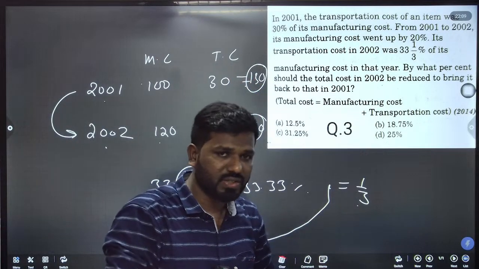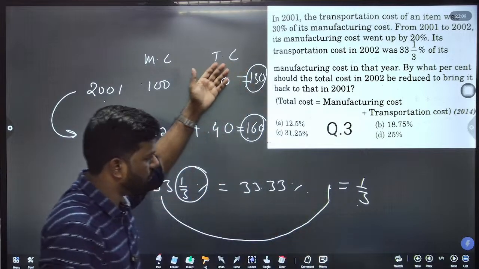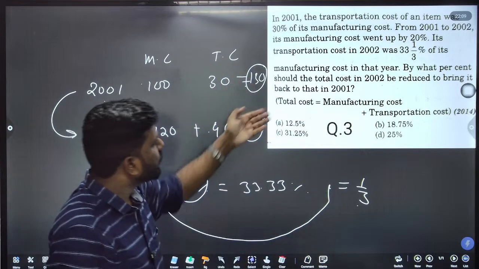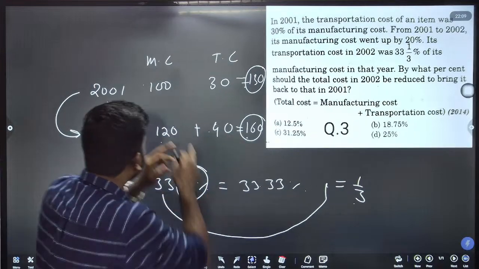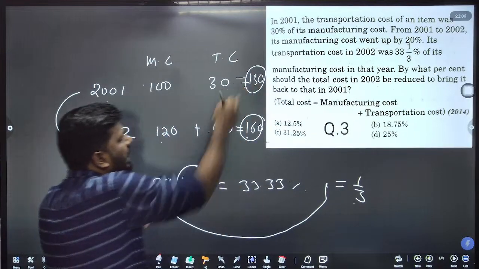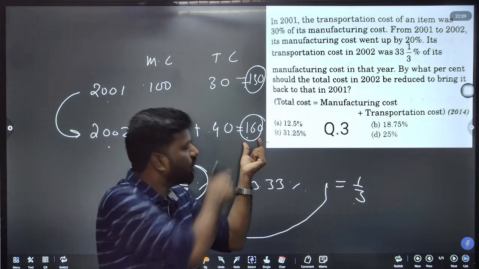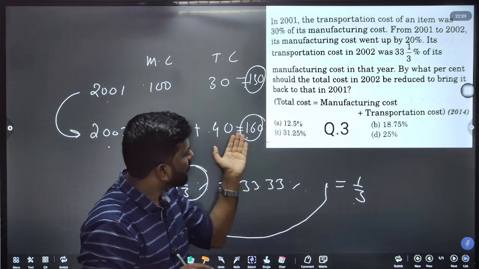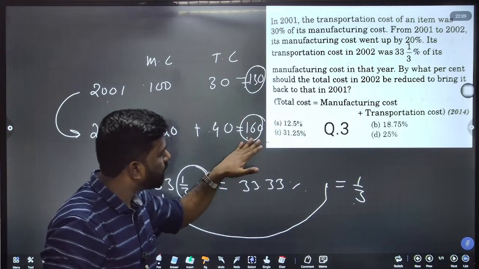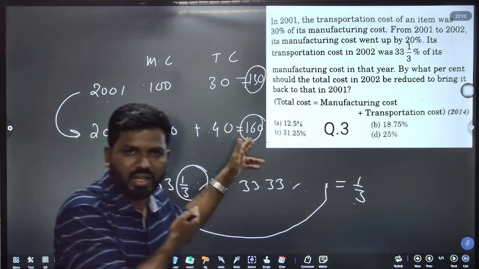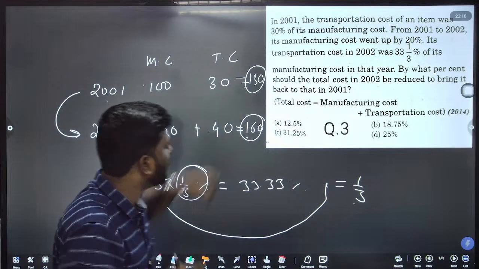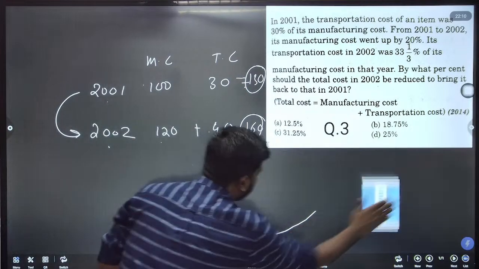But in this case that is not what is actually asked. The question is: how much percent do you have to reduce the 2002 value to match 2001? So you will have to compare your value with 160, right? To go from 160 to 130, how much do I have to reduce? 30. You can see the gap between 160 and 130 is 30.